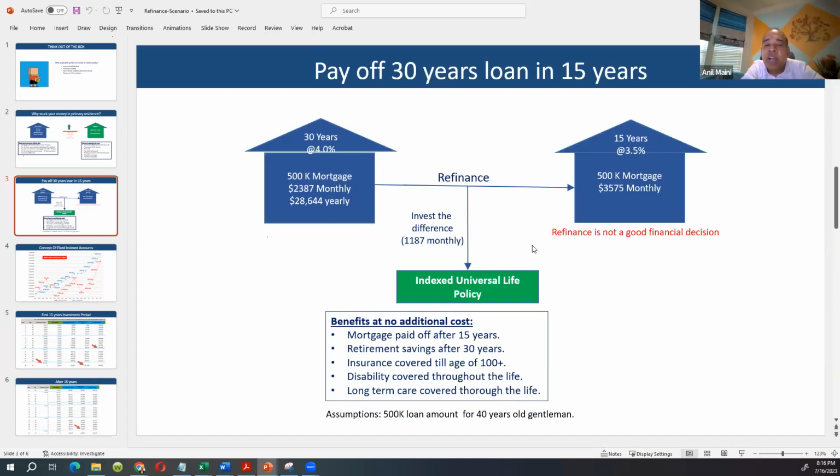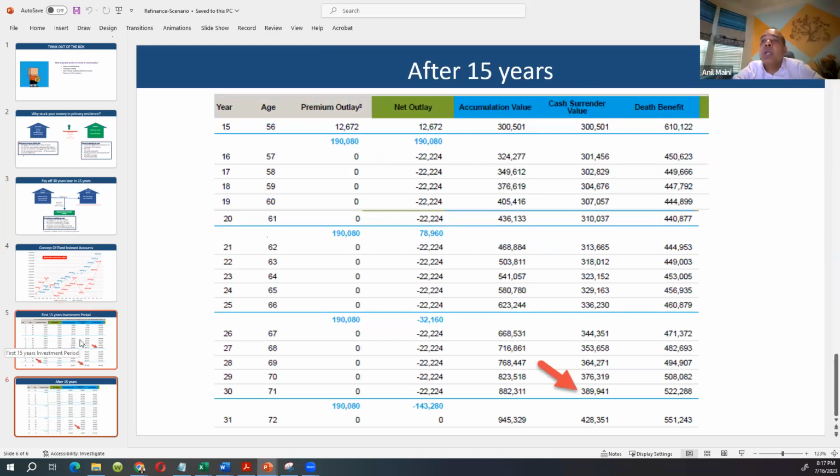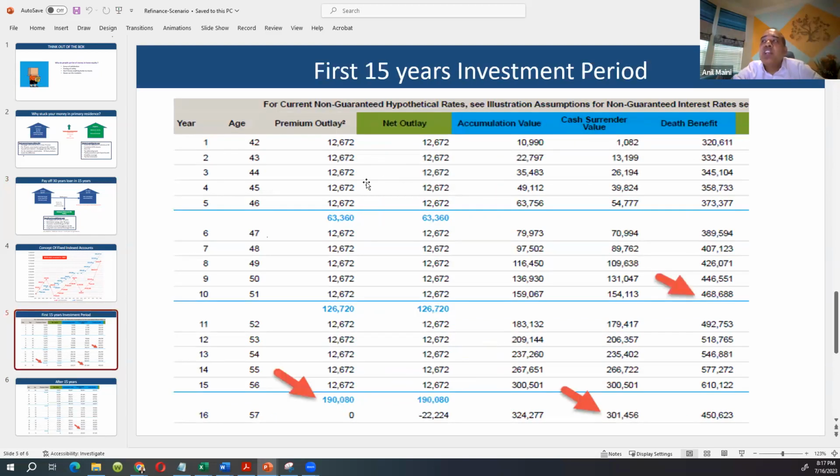They need financial professionals who can show them that it is a better idea to put money in IUL and protect your family, plus protect the retirement planning and have peace of mind by putting the same money into IUL. Right? So that is the idea behind this strategy.